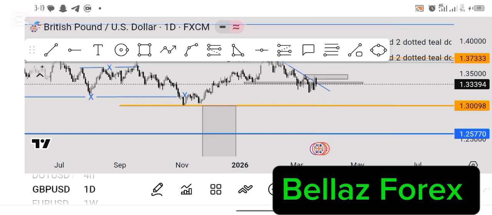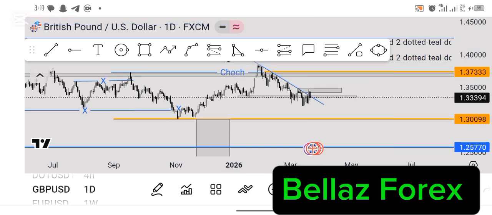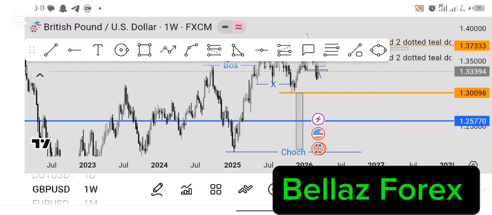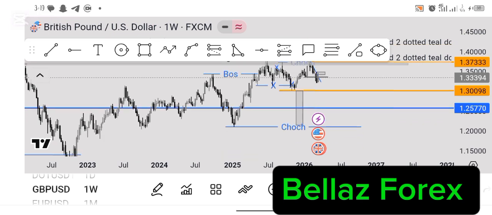If we go to the weekly time frame, we can see this blue horizontal line I drew, that I'm about to sell to if price eventually breaks 1.30095. It has been a very dominant level, guys. From the left hand side, you can see that it has been a very dominant level.